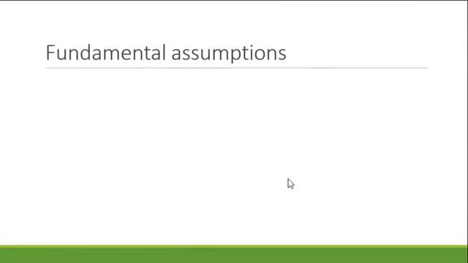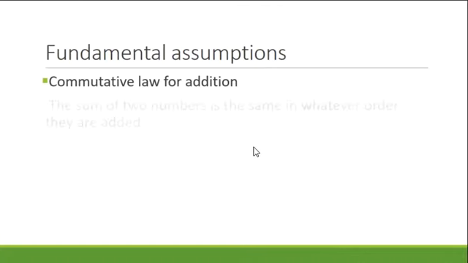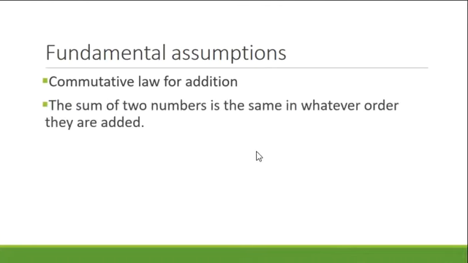For the fundamental assumptions, we have the first one, which is the commutative law for addition. Meron ding version nito yung multiplication. But first, let's discuss the commutative law for addition. The sum of two numbers is the same in whatever order they are added.